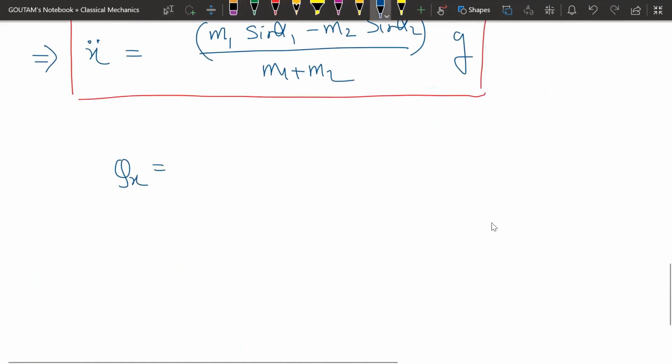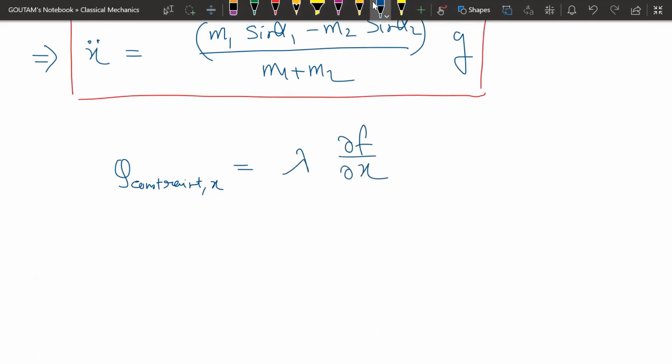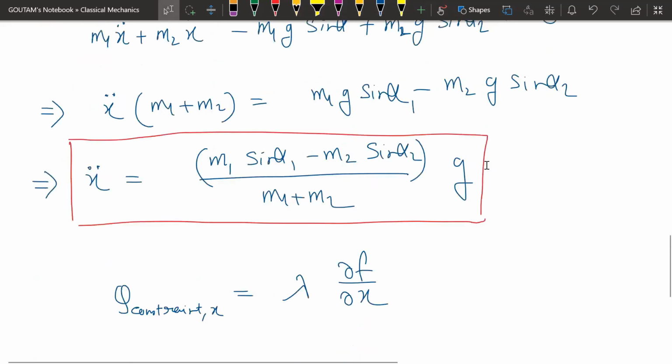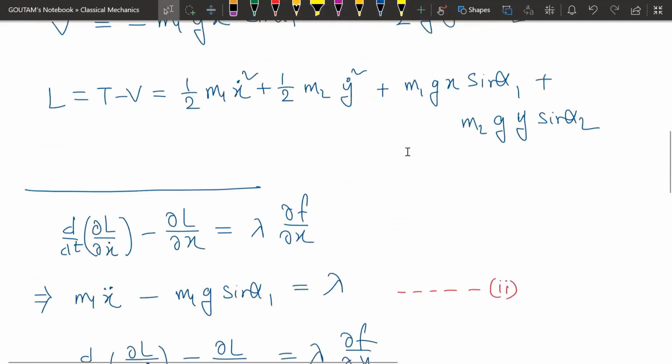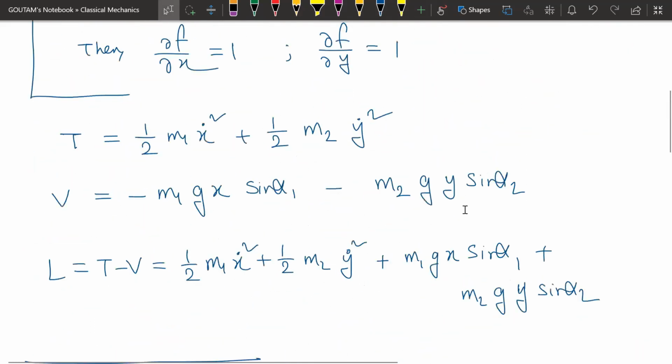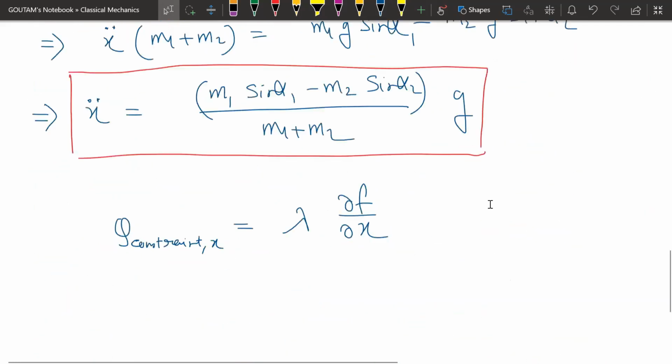So the force of constraint Q constant x is lambda times del f del x, right? And we know that del f del x is 1. So in that case, Q constant is lambda.